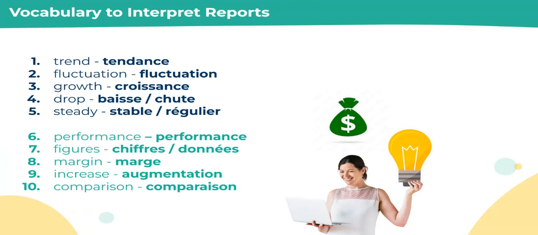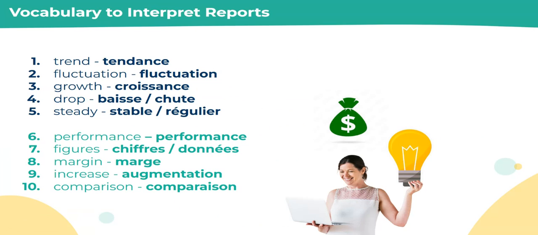We also have some vocabulary for you to help interpret reports as well. Let's have a look at these. We've got 10 words on the screen. I'm going to read through these. Here we go. Number 1, trend. Number 2, fluctuation. Number 3, growth.